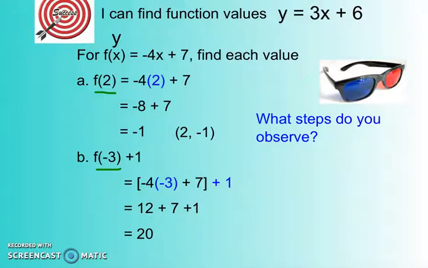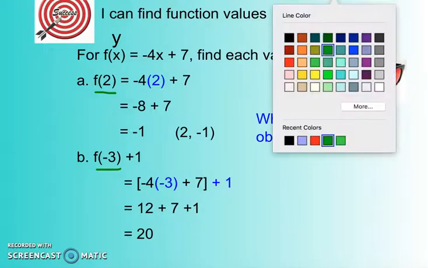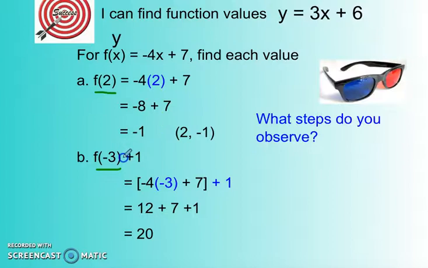Do you notice this +1 right here? Well, that is different from at the top too, because up here all we had was f of 2, meaning all we had was to just plug in 2. This one though says f of negative 3 and then plus 1.